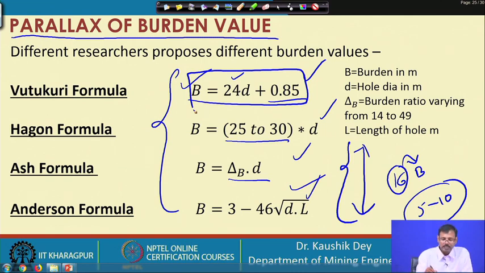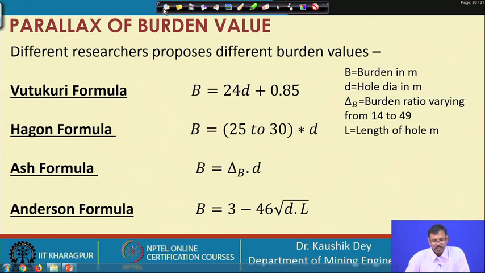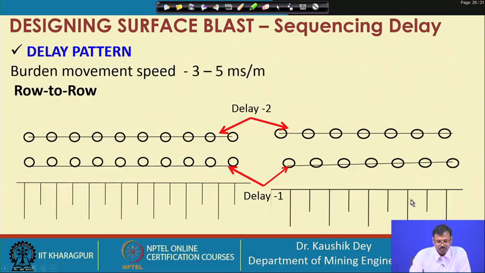Their applicability range lies within the limits of those case studies. So, the applicability range of those formulas is very important prior to utilizing them as your design criteria. That is why the user must be very careful about the burden formula he would like to use for his own case.